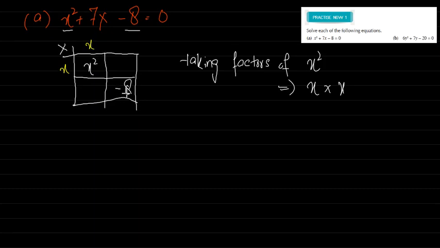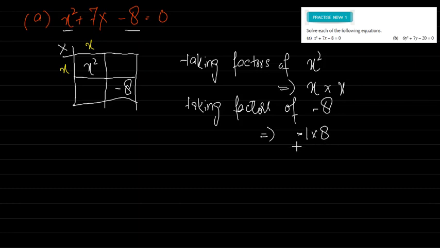Now taking the factors of minus 8, what can it be? It can be either minus 1 into 8, right?